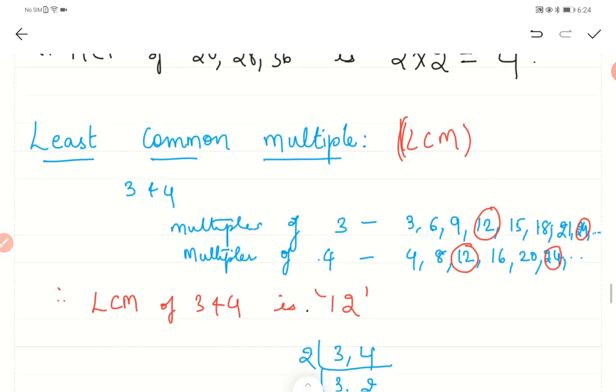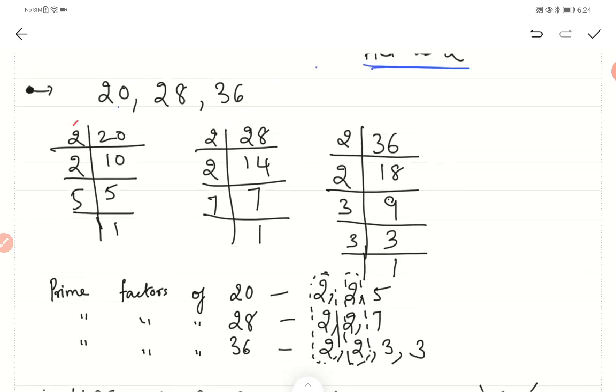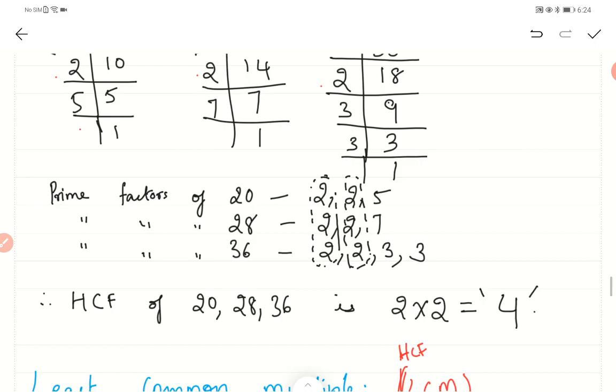Okay, so how did we find HCF? We first found the prime factors, just by taking the division method like this individually for all the numbers. Then out of these prime factors, you take those which are common, and that will be your highest common factor.